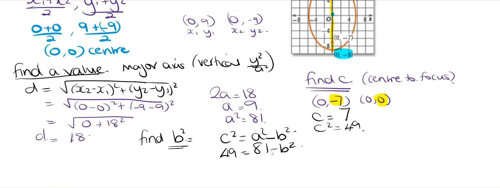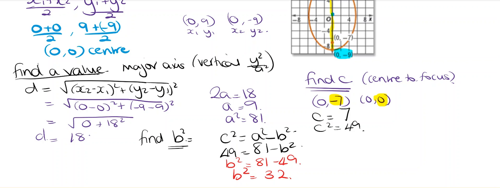Now if I add B squared to both sides and subtract 49 from both sides, I'm literally switching these over, and I'll have 81 minus 49. So B squared is going to be equal to 32.